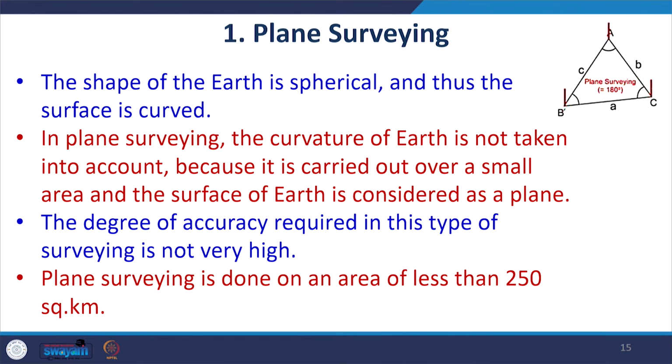As we can see here, the triangle between the 3 points is joined by straight lines, but actually on the ground this may be curved if the area is large. So the degree of accuracy which we get from this type of surveying is not as high as in geodetic surveying, but we take care that there should not be much error while we are taking the observations.